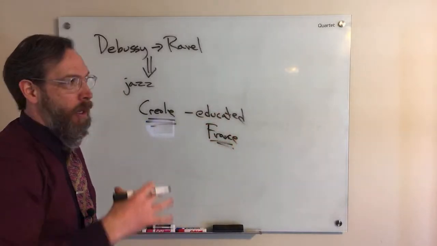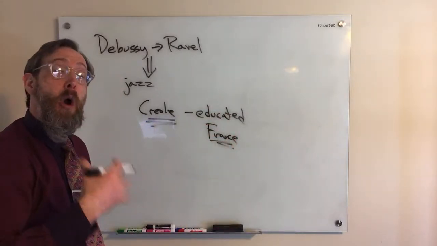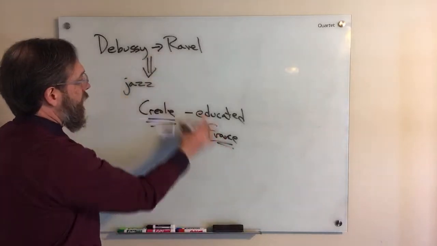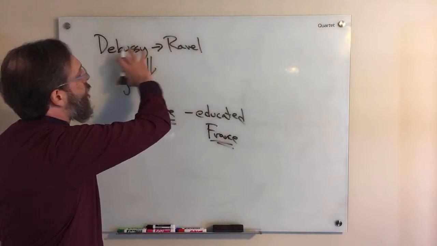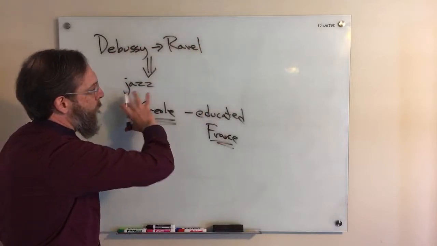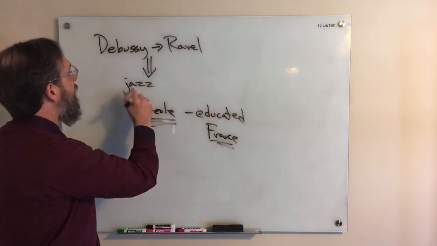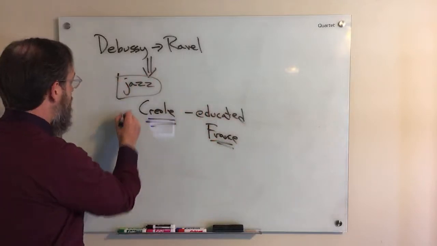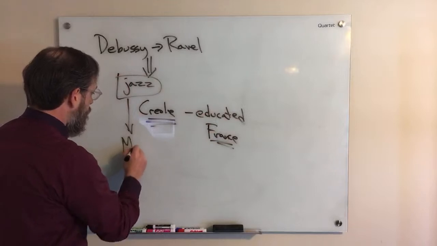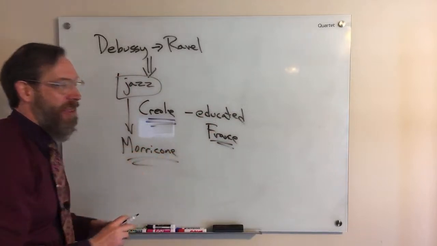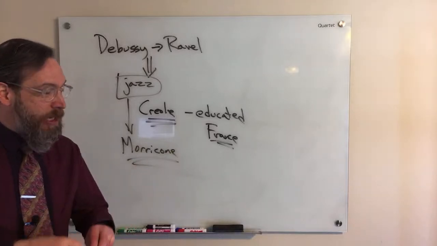You would have wealthy Creole families sending their kids off to France to be educated. So this French tradition of harmony from Debussy and Ravel gets absorbed through this kind of education into the jazz tradition. And then Morrison is very much taking that language and using it.